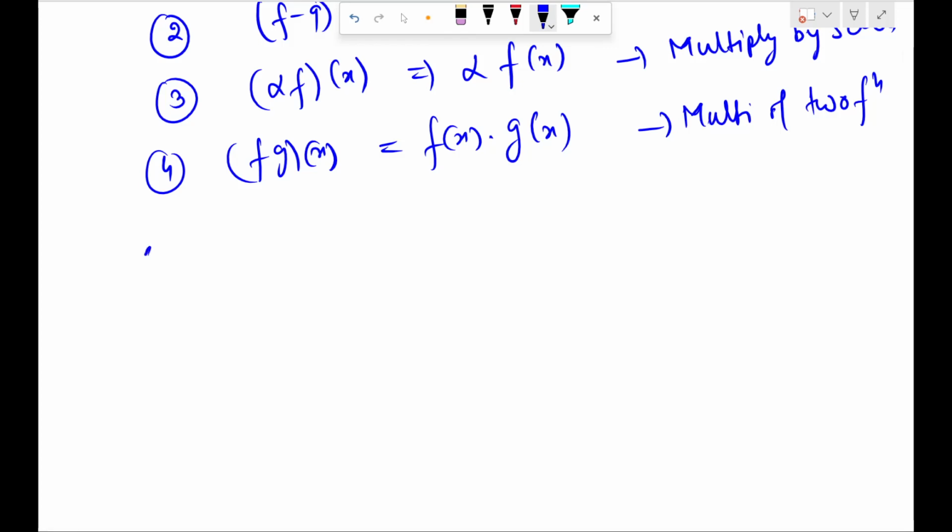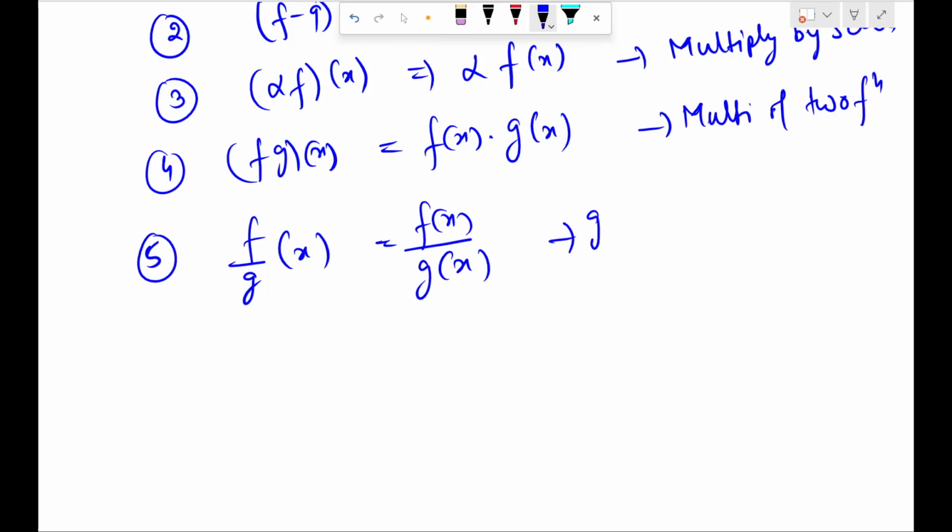And next we have the quotient of two functions, f by g of x is equal to f of x upon g of x, where g of x is not equal to 0. So this is division of two functions.